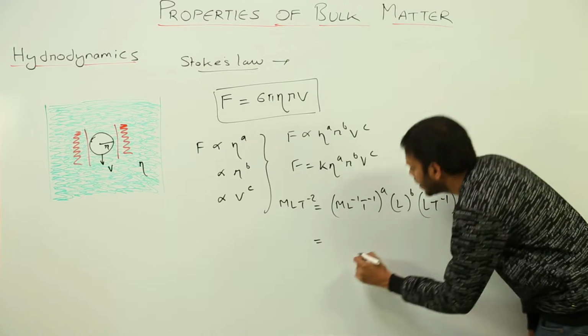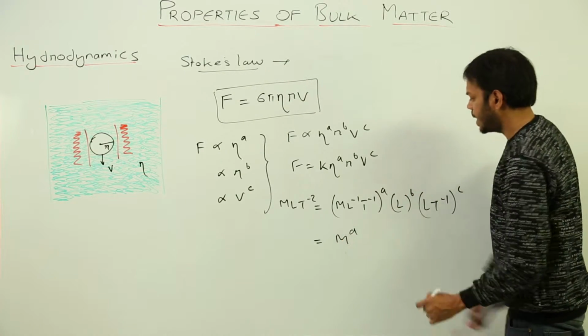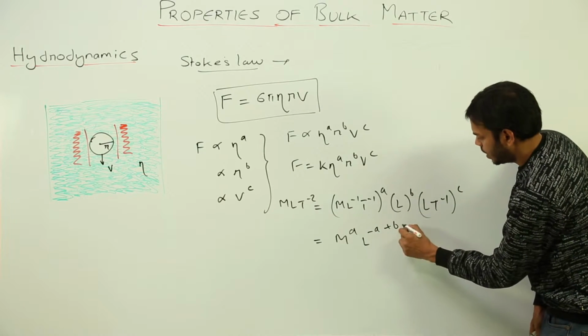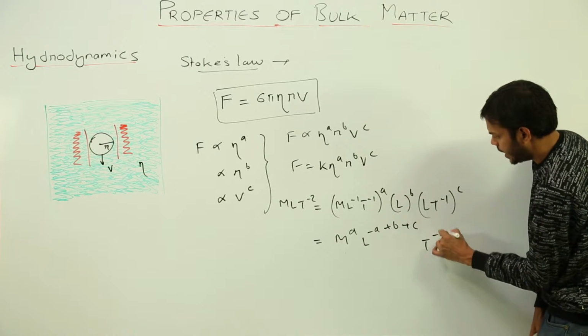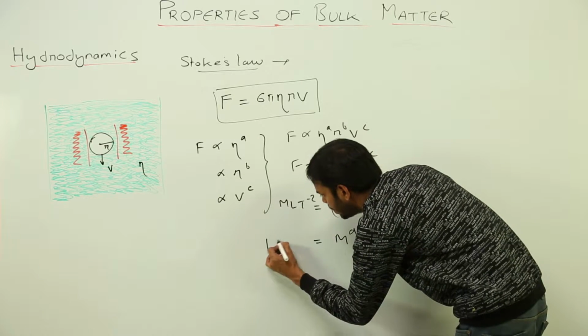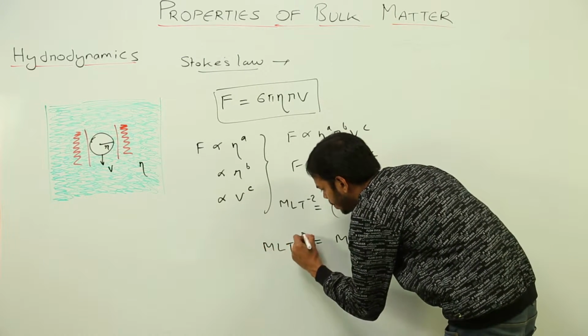I'll get M raised to power a, L raised to power minus a plus b plus c, and T raised to power minus a minus c. This is equal to M L T^-2.